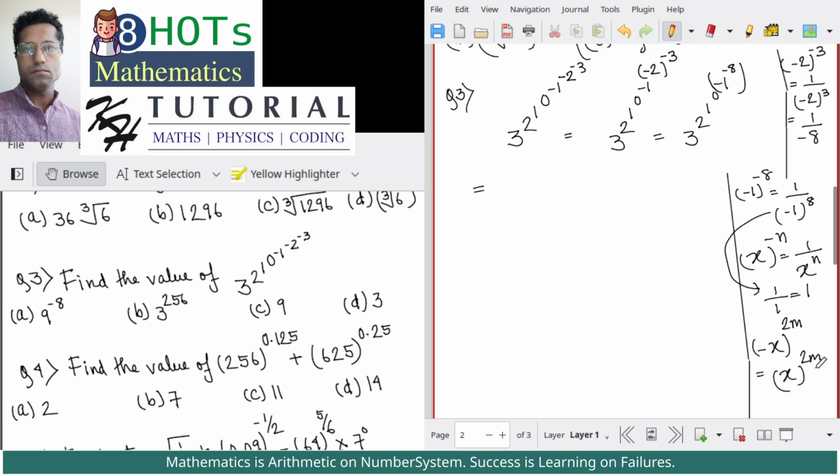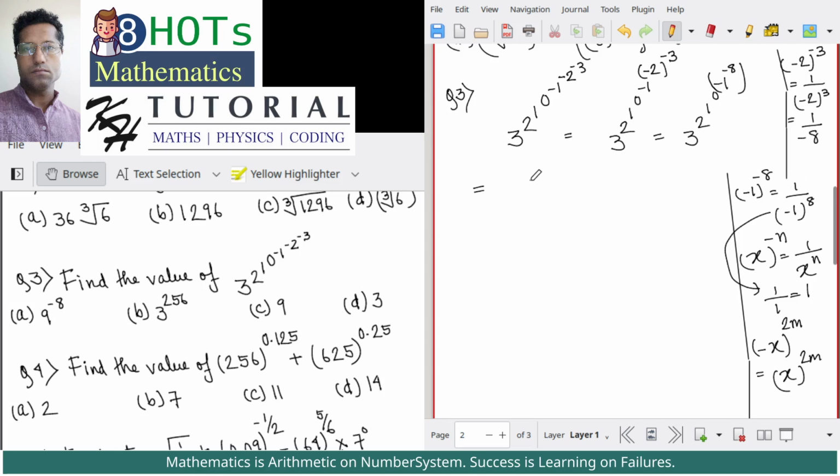That is, the whole number will be positive. That is the reason minus 1, where the base is negative but the power 8 is even, is equal to 1 raised to the power 8, which is 1. Okay, so minus 1 raised to the power minus 8 is 1.